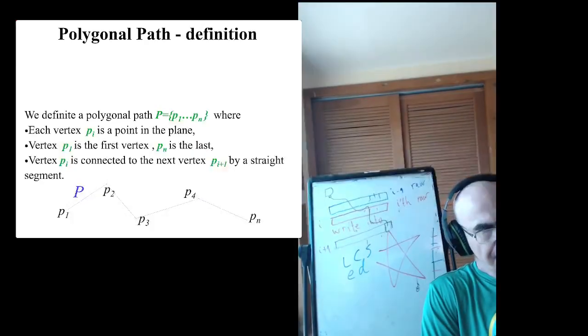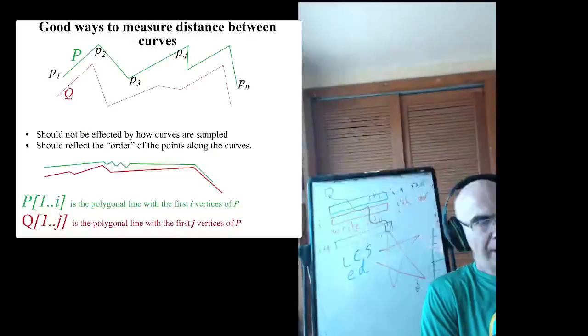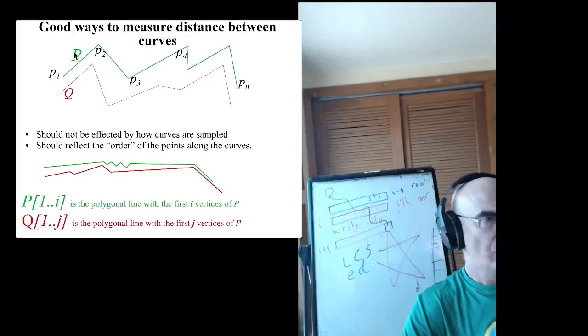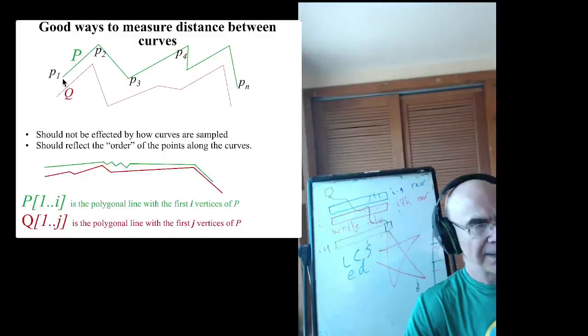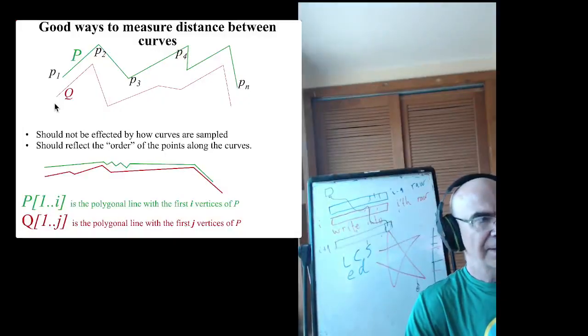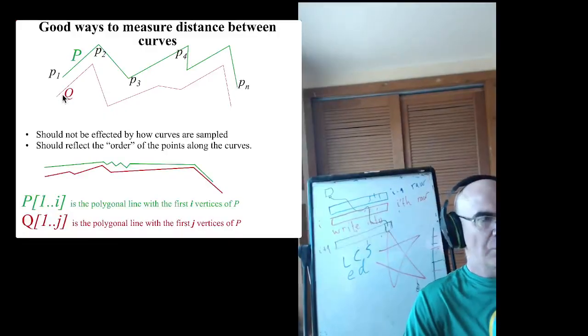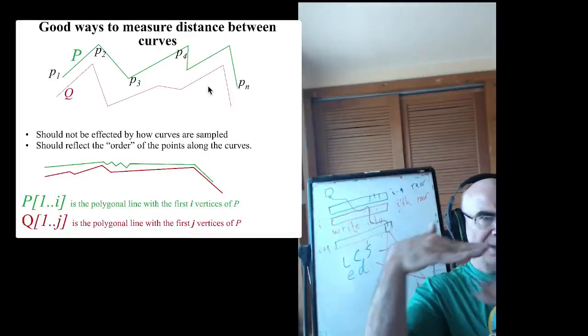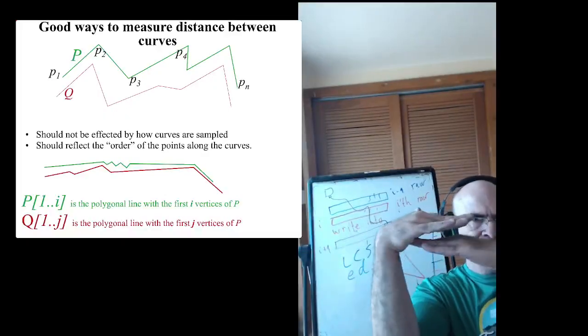Okay. So now that we know what a polygonal path is, I can ask: given one polygonal path, capital P, whose vertices are P1, P2, P3, all the way up to Pn, and another polygonal path, Q, whose vertices are Q1, Q2, dot, dot, dot, Qn, I want to find a way to ask, are they similar to each other?